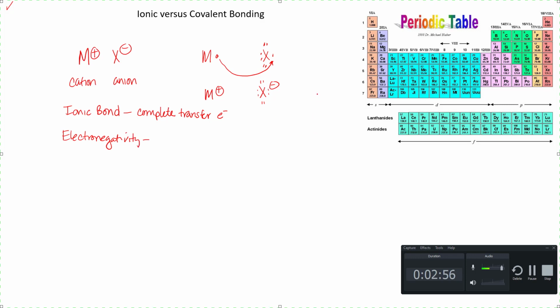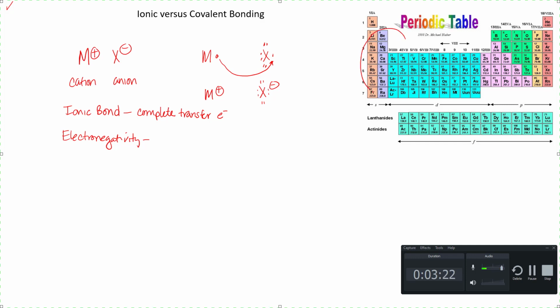So when we form an ionic bond, we're going to do so with atoms or elements that are electropositive, meaning that they like to give up their electrons, and atoms that are highly electronegative that are going to want that electron.